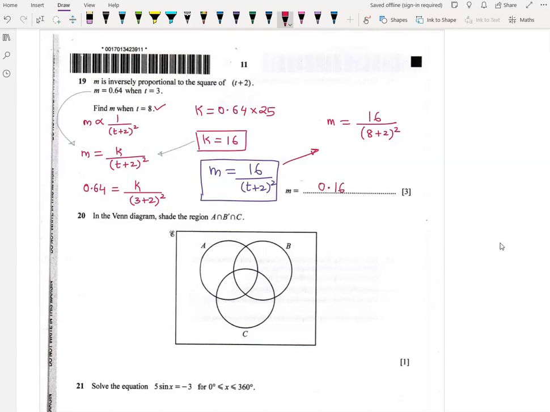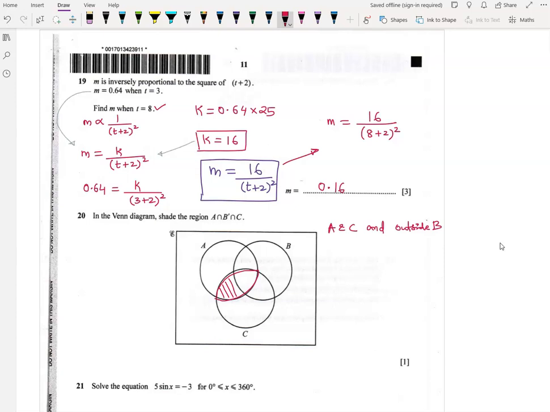Okay, question 20. In the Venn diagram, shade the region A intersection B complement intersection C. It means we need the region which is common to A and C and common with B complement, means it should be outside the set B. Common with A and C is this portion, and the one which is outside the circle B is only this part.